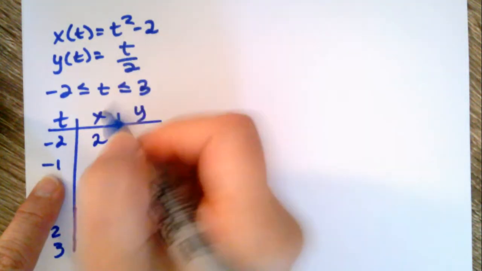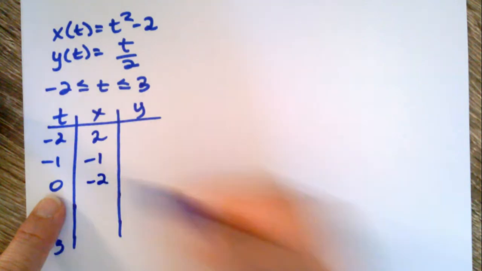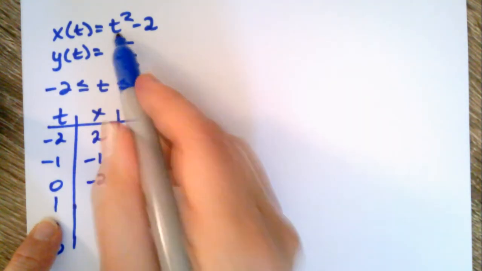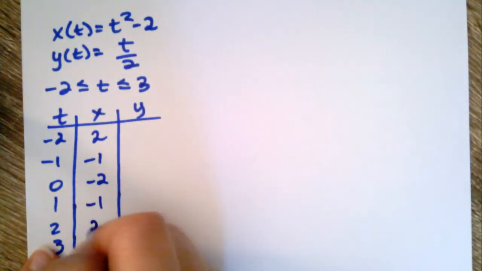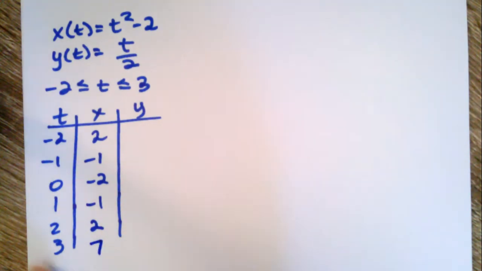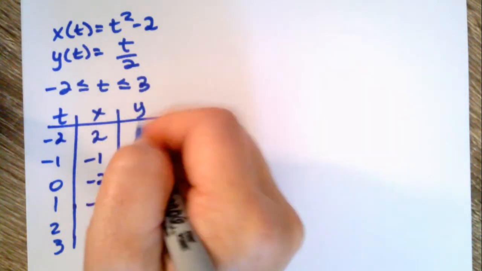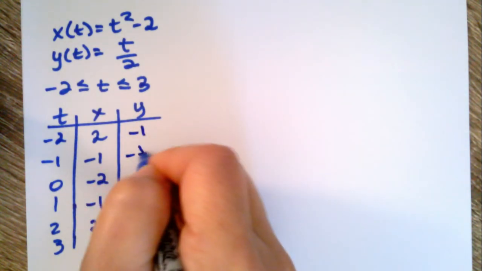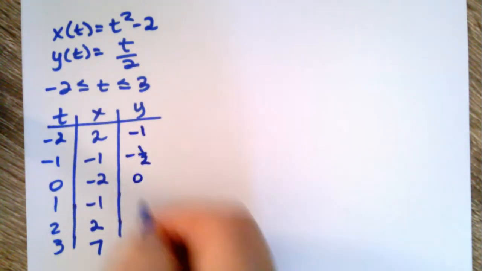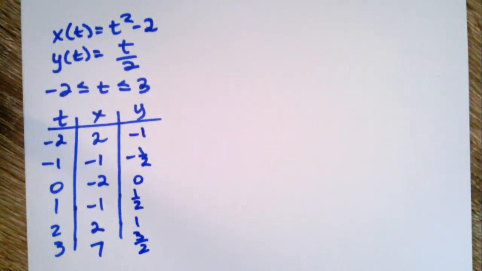If t is -1, I get -1. If t is 0, that's -2. If t is 1, we get -1 again. If t is 2, 2. And then if t equals 3, we get 7. All right, I'm going to do the same thing for the y coordinate. And we get those points.